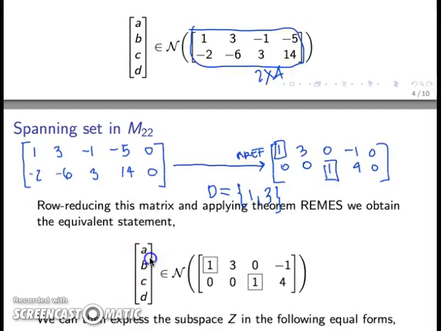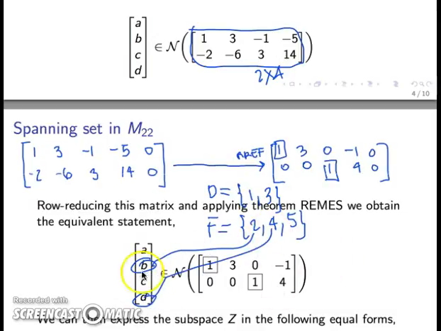So here variables 2 and 4, I'm saying the set F contains 2, 4, and 5. The variables in positions 2 and 4 are considered the free variables, and therefore we would consider A and C as the dependent variables.